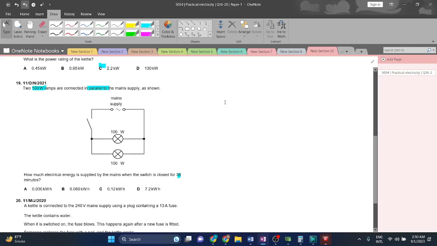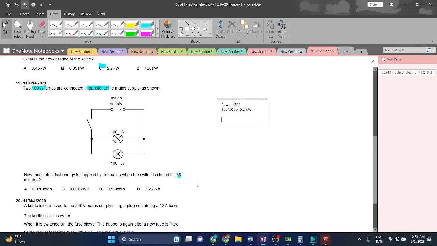So basically in order to do that, we will have to calculate the power first in kilowatts, because the answer is in kilowatts. The total power between the two lamps is 200 watts. Now we have to convert 200 watts into kilowatts, so we divide that by 1000, which will be 0.2 kilowatts.